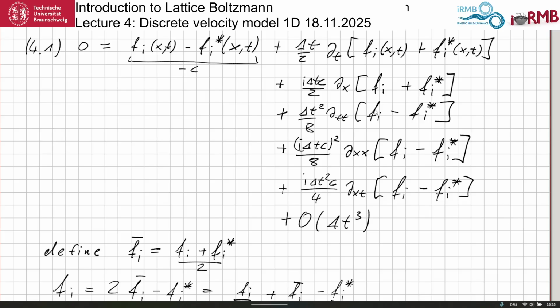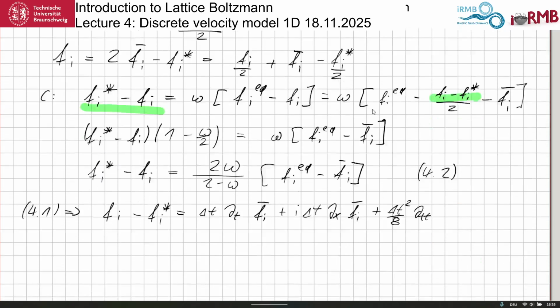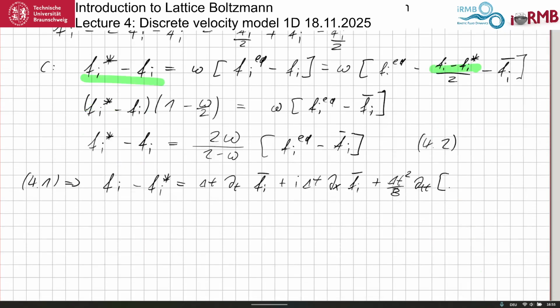So it's fi minus fi asterisk, and going on with delta t. Okay, I forgot the c, but usually I consider c to be 1. This is why I didn't write it.